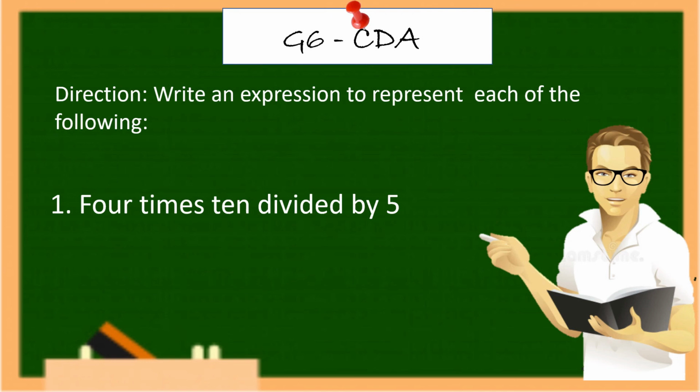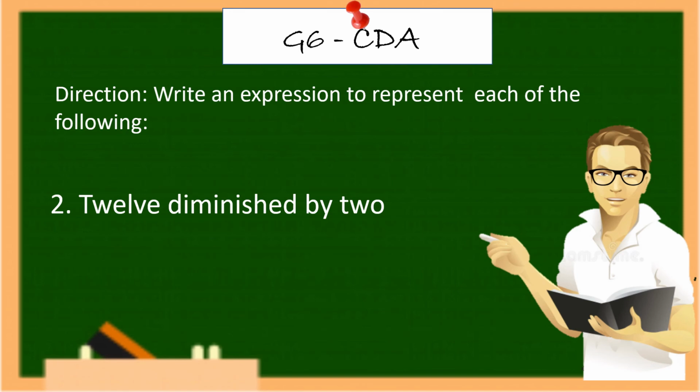Direction. Write an expression to represent each of the following. Number 1. 4 times 10 divided by 5. The answer, 4 times 10 divided by 5. 2. 12 diminished by 2.